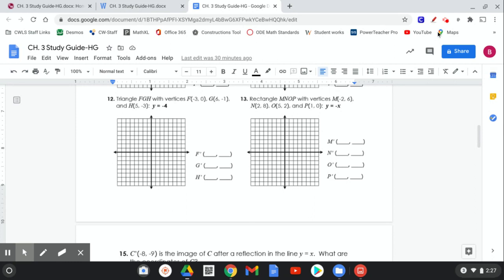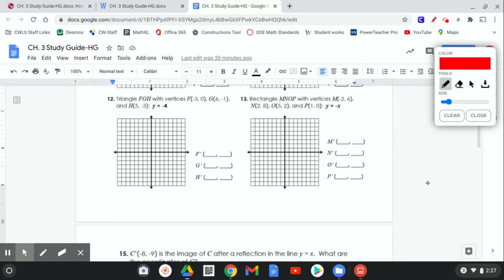So y equals -4. Guys, for this, y equals -4, you count down 1, 2, 3, 4. So that's going to be this line right here. Okay. And from there, let's find a coordinate of -3, 0.